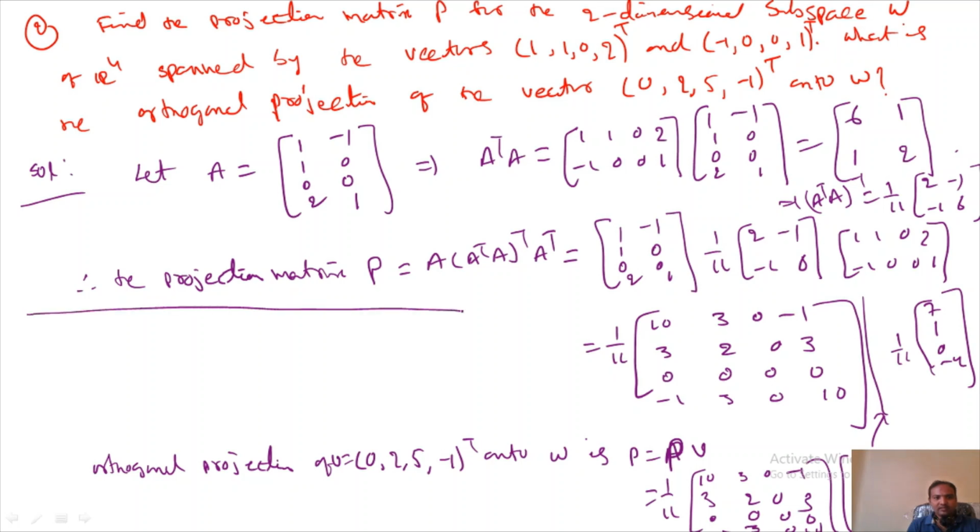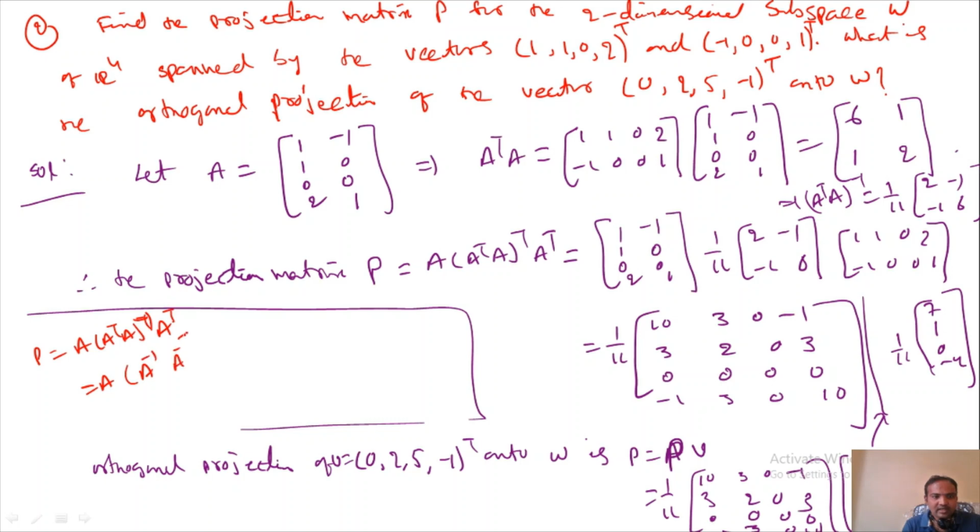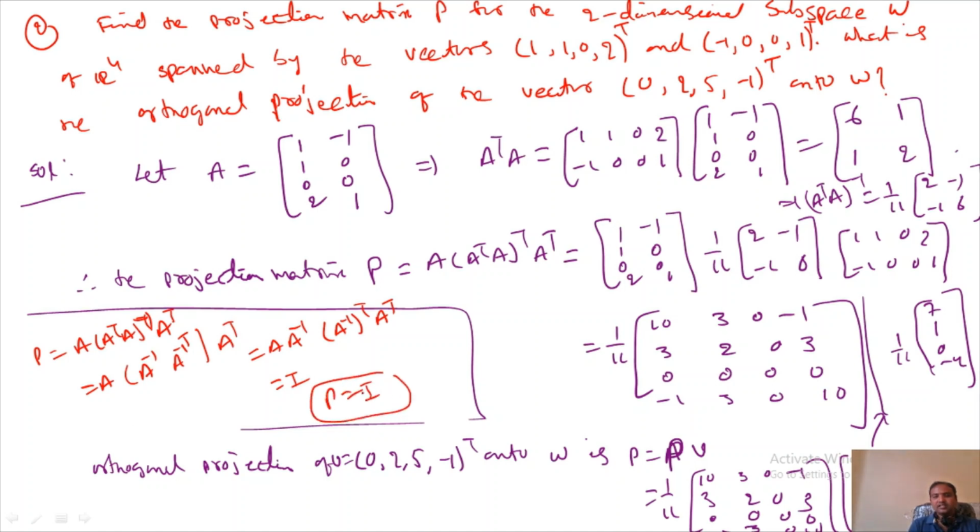See, one more condition. We are writing the projection matrix as A into A transpose A inverse into A transpose. Suppose you split this inverse, what will you get? A inverse, inverse transpose into A transpose. That means A into A inverse gives identity, so we get the projection matrix is identity. Is it true? It's not possible. The projection matrix may not be the identity. Why are we getting this?